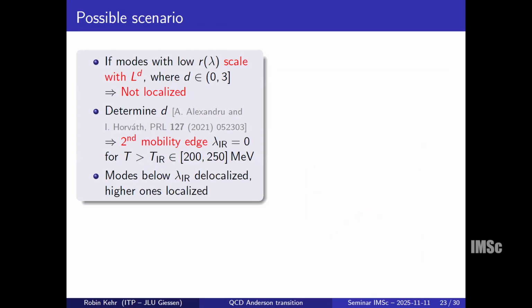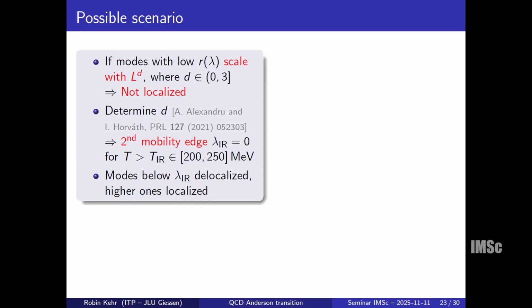Even if it is small, it could still be the case that if you increase the volume, it scales with the volume, increasing according to some effective dimension d. And if this is non-zero, then it means that they are not truly localized. This is a problem which we cannot see with the relative volume. For this, it still looks localized, but in order to study this, one really has to compare several volumes with each other. But we have huge computational costs, so at the moment we cannot afford that.